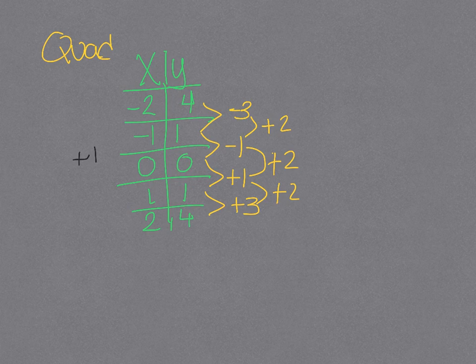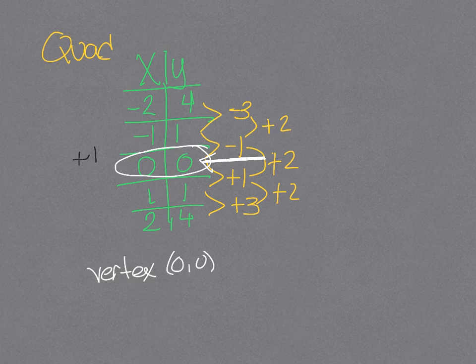All right, so I'm looking for the turn. All right, so when did it go from positive to negative? All right here, right? It went from -1 to positive, from subtracting 1 to adding 1. So right here, so this is my turn. So this is my vertex, which is my minimum or maximum. And so vertex is 0, 0.